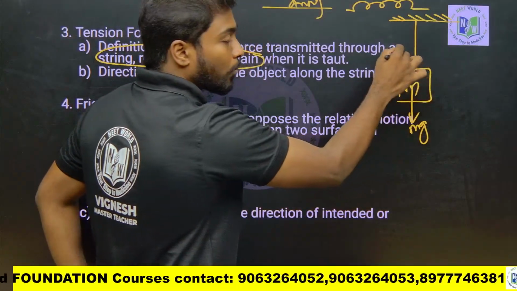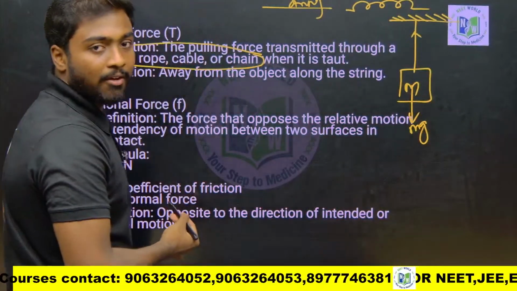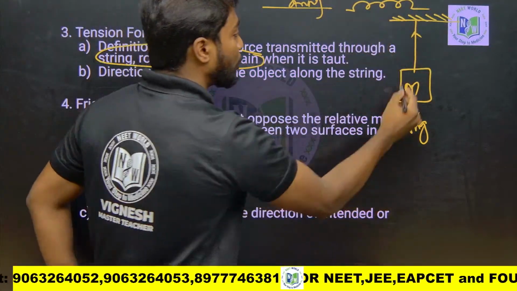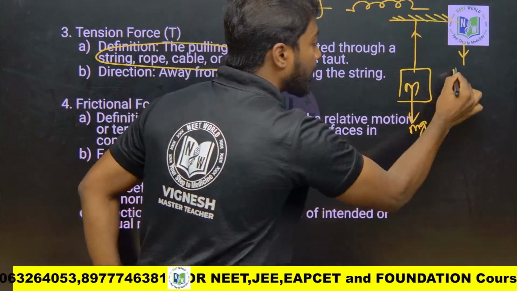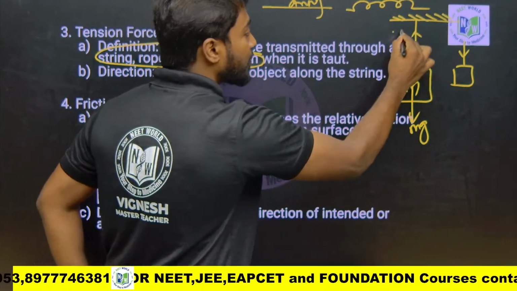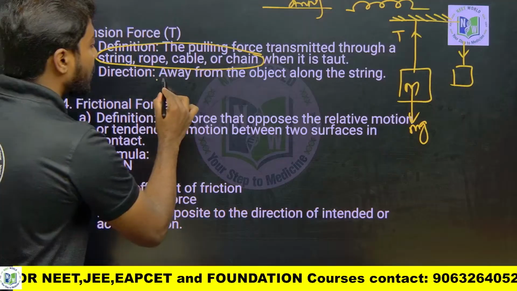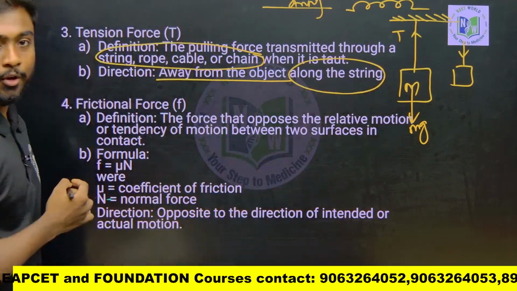Whenever I need to mention a tension force, it's always away from the body. The arrow mark should be away, not towards the body. If I keep the arrow mark like this, it is towards the body. I need to mention the tension force away from the body, always away from the object along the string.